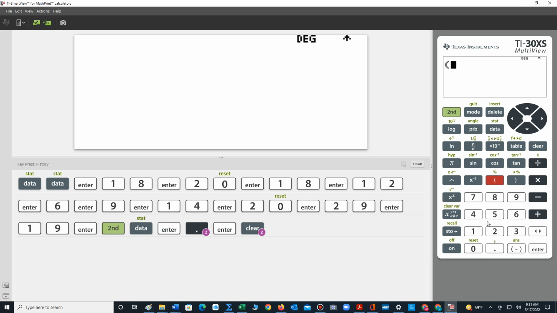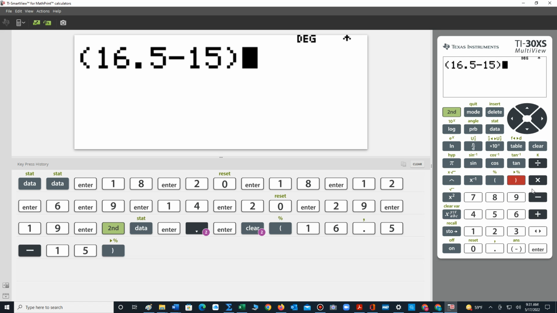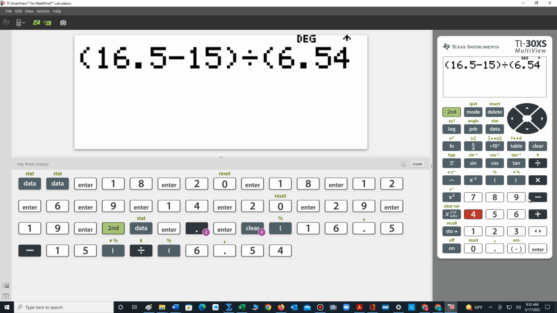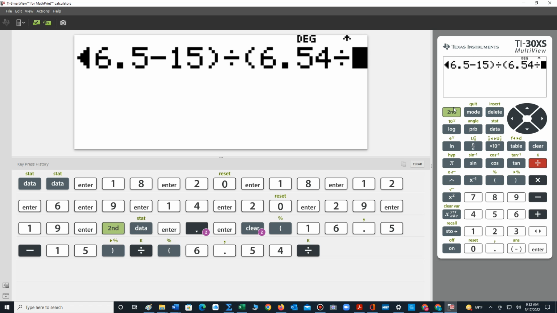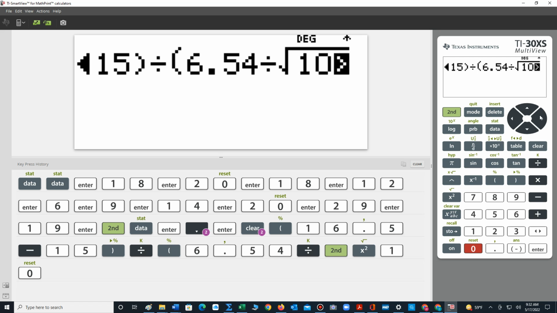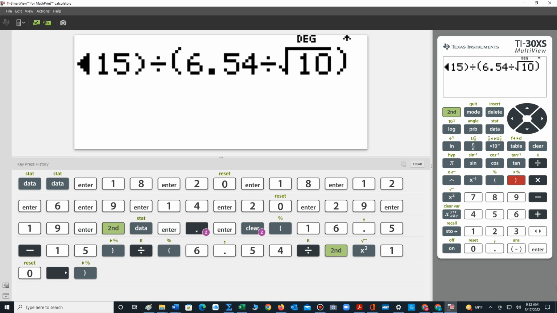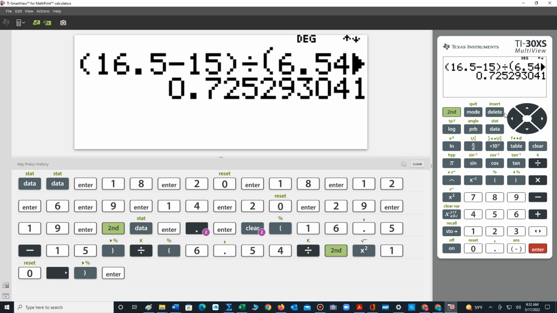I use parentheses for the numerator, 16.5 minus 15, divided by, and then once again parentheses for the denominator, 6.54, divided by the square root of 10. Use the arrow to get out of the square root. Close the parentheses. Select enter.